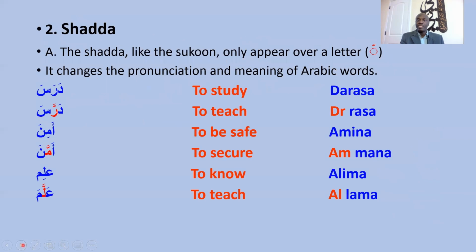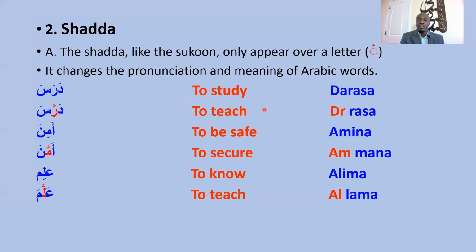Moving to the next diacritic, which we call shadda. Shadda is used to stress or double something. It looks like the letter W in English, and this circle is just a seed for it.